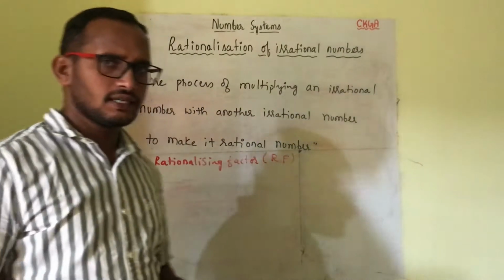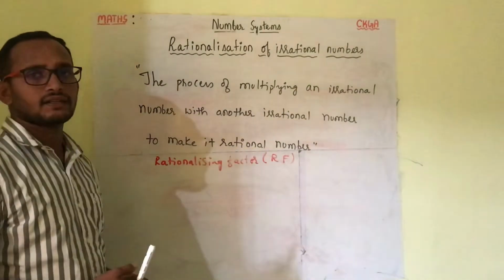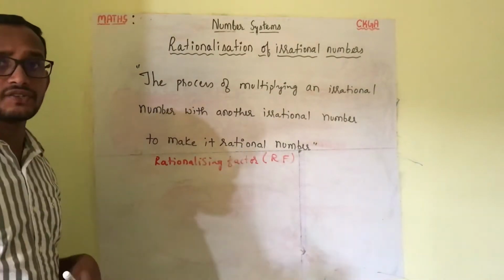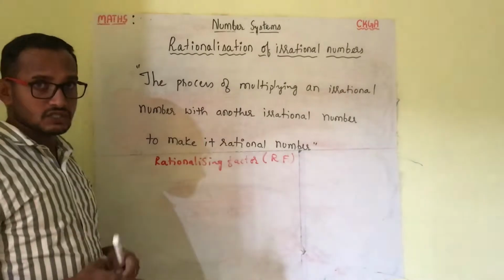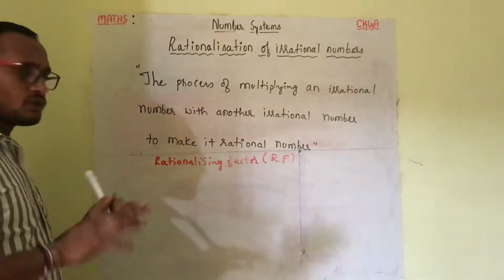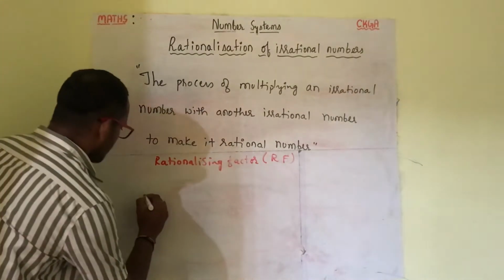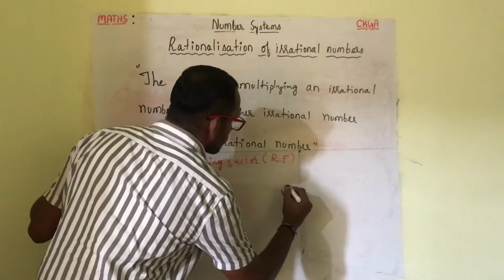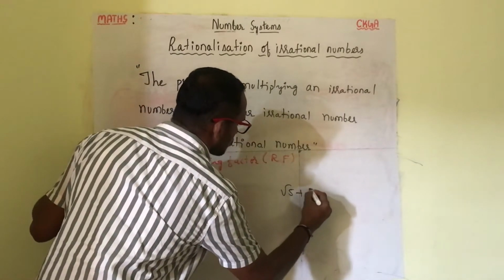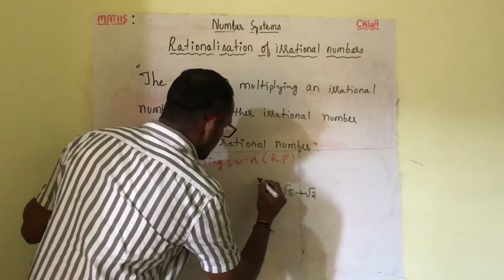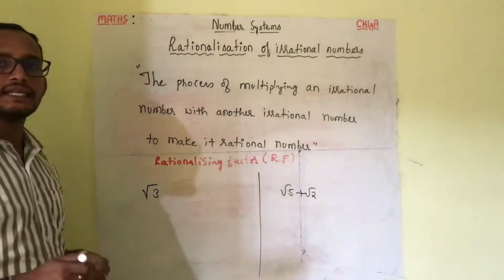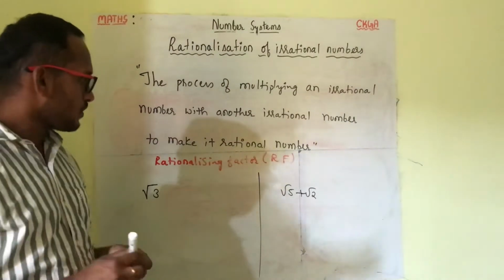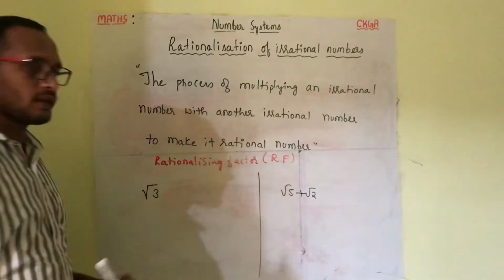Now let's learn what a rationalizing factor is and how rationalizing factors help us rationalize a number. I'll take two different examples here. First, root 3, and the other, root 5 plus root 2. In the first case I have taken a monomial, in the second case a binomial irrational number.